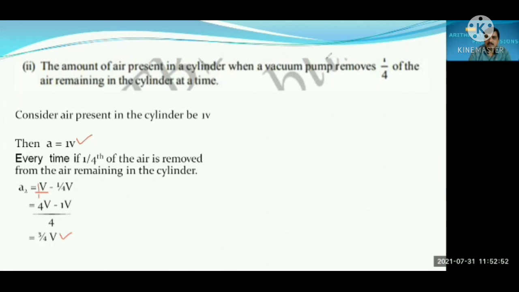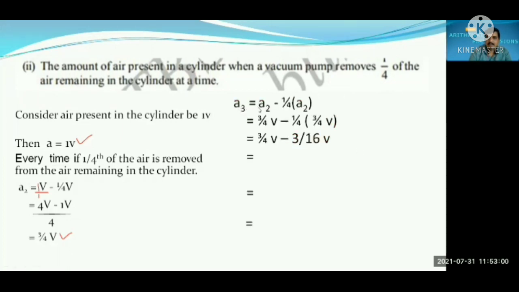Now see, next we have to remove 1/4 of this A2. A3 is equal to A2 minus 1/4 of A2. Why are we taking A2 once again? Because we are not only subtracting 1/4; we have to remove 1/4 of the air present in the cylinder every time.